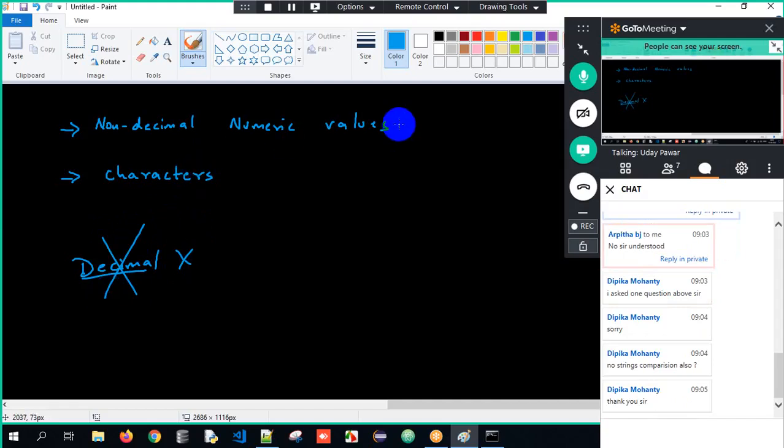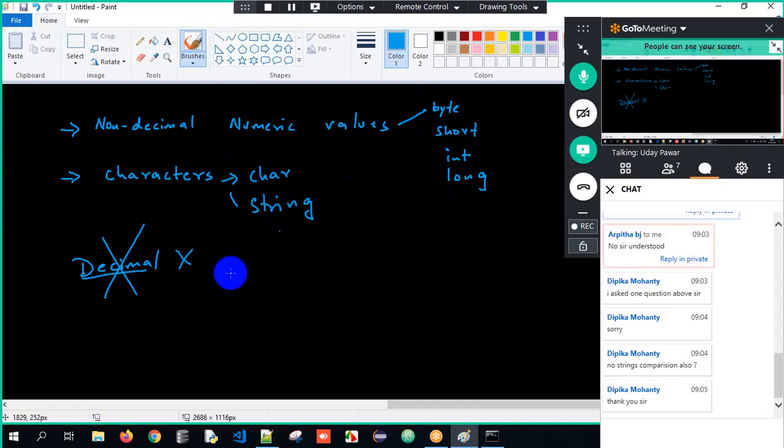When I say numbers in non-decimal, you can compare byte, short, int, and long. You can compare all of it. You can compare char also, and you can also compare string, but we cannot compare decimal values. That is, float we cannot compare, boolean we cannot compare, and double we cannot compare.